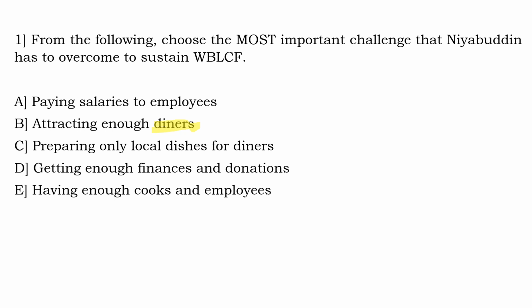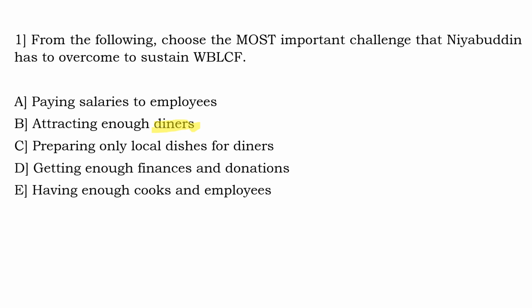Now the best answer. Which is the best answer? See, option A is directly linked to option D. When his main problem is getting finances, so when he gets finances, he is able to pay salaries. If he's not getting finances, he is not able to pay salaries. So paying salaries to employees is only one of the challenges he is facing, because the salaries are not the only issue he is facing.